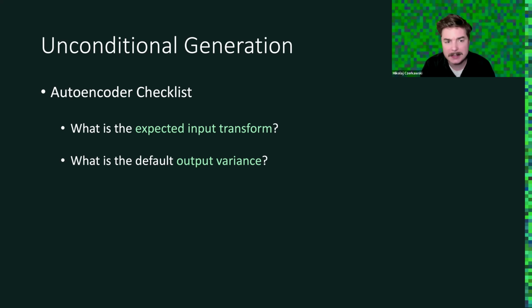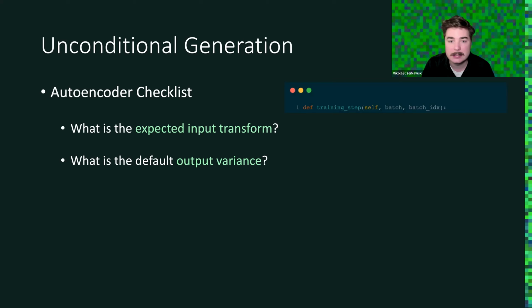So if you see that your latents are diverging too much from this range, you can apply some constant scalar factor. That's what's being done in latent diffusion, and that's what we also do for our autoencoder.